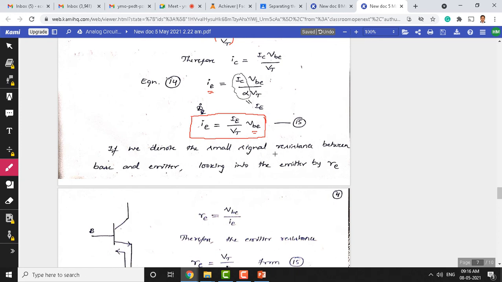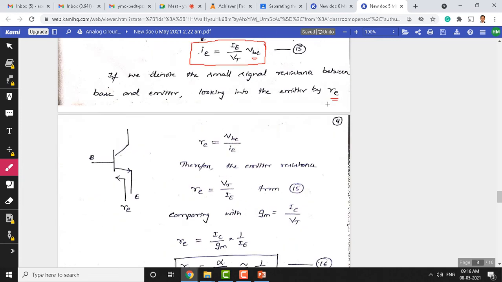If we denote the small signal resistance between the base and emitter, looking into the emitter, as re, similar to r pi, look at the way we measure re. Here we look into the emitter side, and this re is measured between base and emitter only. Earlier, r pi we were seeing from the base side, but while measuring re we are seeing from the emitter side.